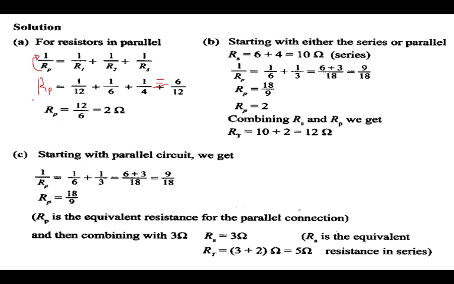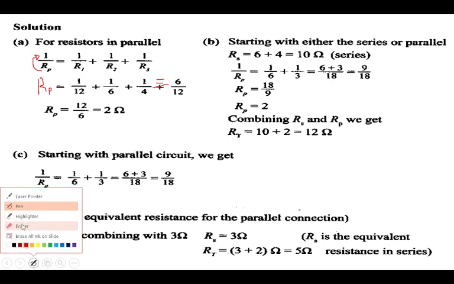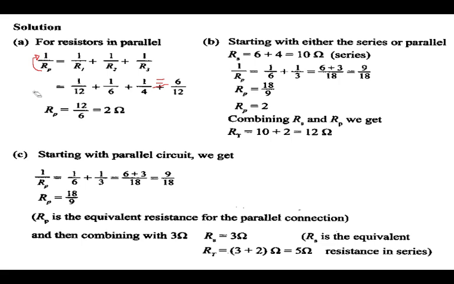An operation done to one side of the equation should be done to the other side as well. So what you do to the left hand side, apply the same to the other side. So when you invert both sides, then you're going to have 12 go up and 6 come down here. So you simplify, it will give you 2 ohms as the sum.